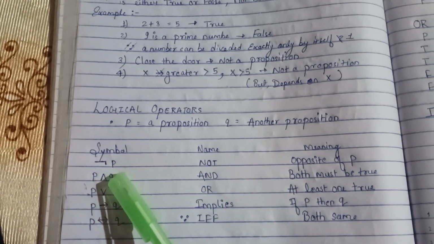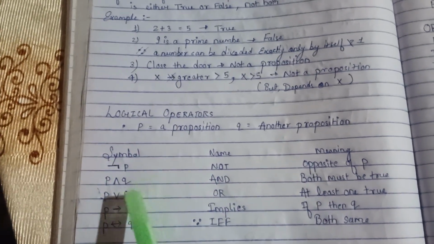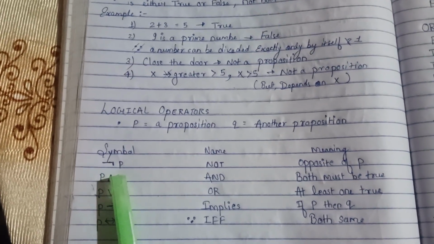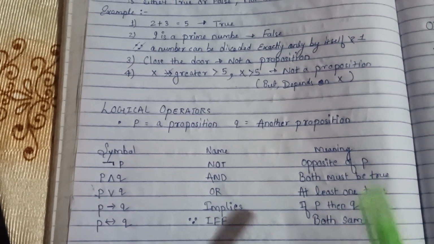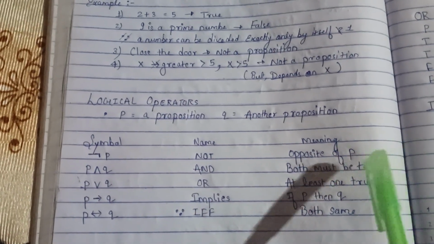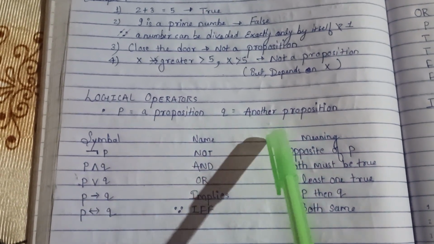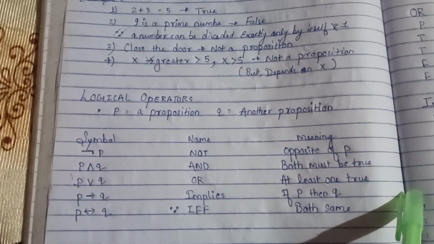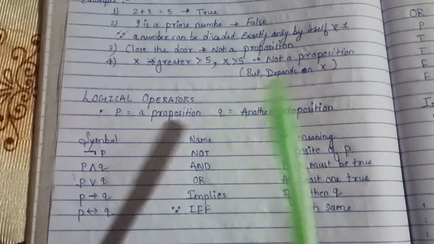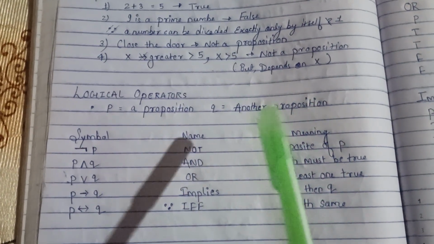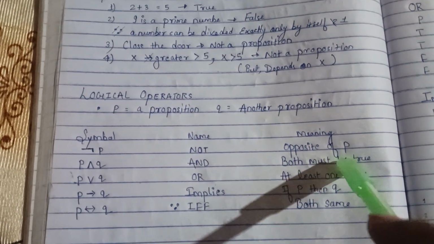What about this? The second symbol is and. The symbol I remember is like an A, but without the middle line. In and, both conditions must be true. Only when true and true happen will the result be true. If one of the conditions is false, then it will not be satisfied and it will be false.